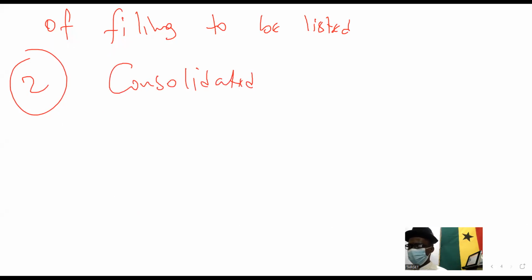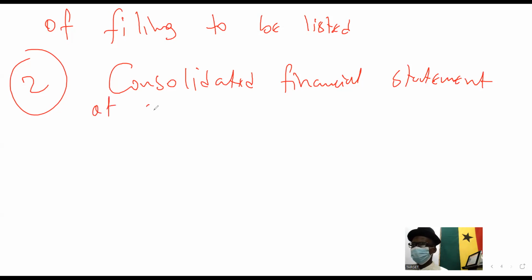So consolidated financial statement of a group. Take notice, again, they must follow the same rule.